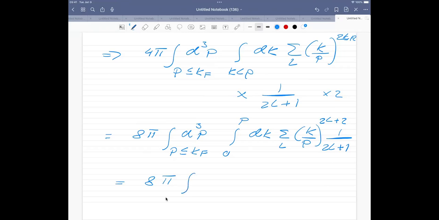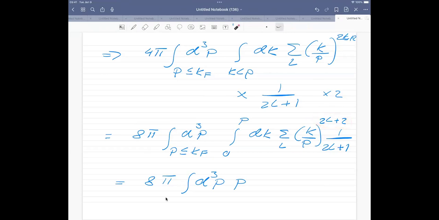So I get an integral over d3 of P, and now I'm integrating up over P for K. So that is going to simply give me a factor of P here. And then you see now when I'm integrating over K, I get a factor of 2L plus 3, obviously, because I have to integrate here.